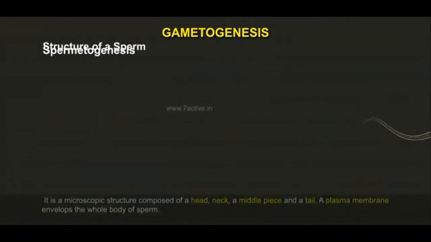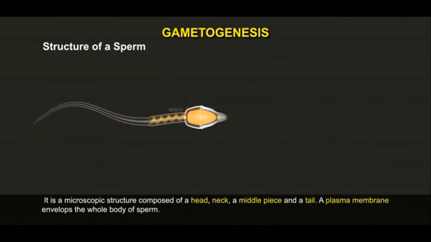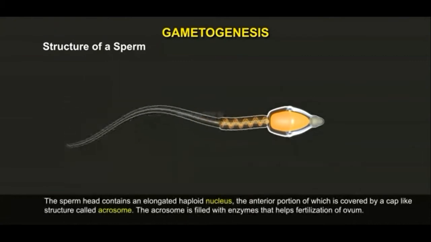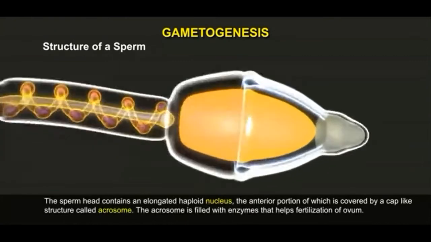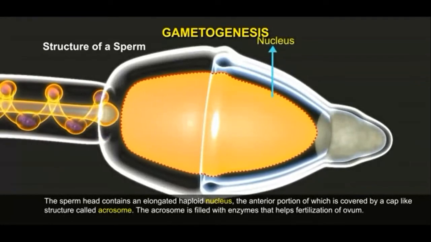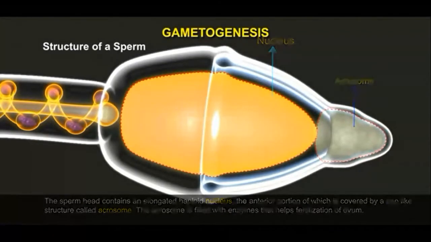Structure of a sperm. It is a microscopic structure composed of a head, a middle piece, and a tail. The sperm head contains an elongated haploid nucleus, the anterior portion of which is covered by a cap-like structure called the acrosome. The acrosome is filled with enzymes that help fertilization of the ovum.